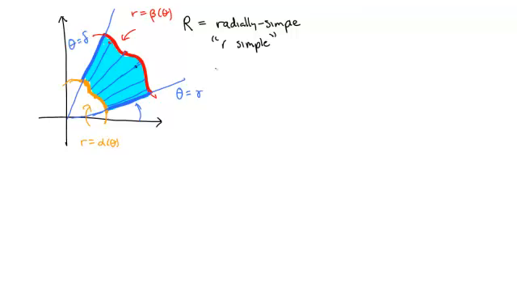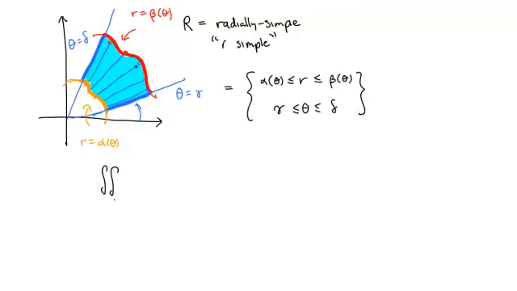So a region who is radially simple can be written like this. The radial values will stay farther away from the origin than the curve alpha of theta, but closer to the origin than the curve beta of theta, whereas the angle theta will stay between gamma and delta. Then Fubini's theorem can be applied.